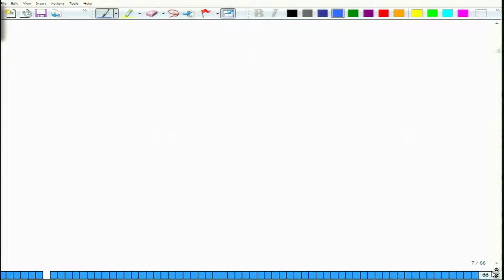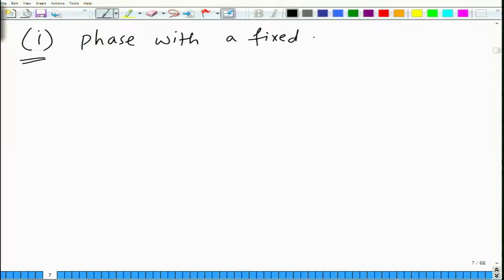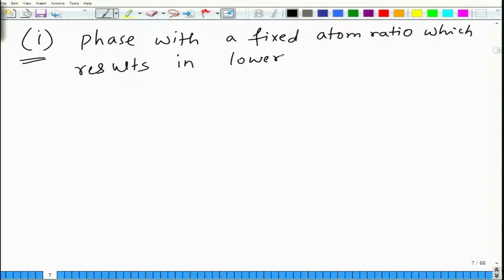So there are various kinds of intermediate phases that can form. For example, there could be a phase with a fixed atom ratio which results in lowest G. So for example, you can have a formula AxBy.